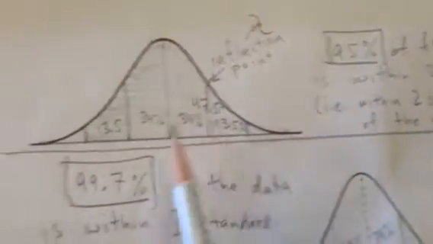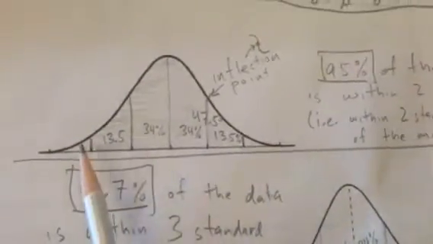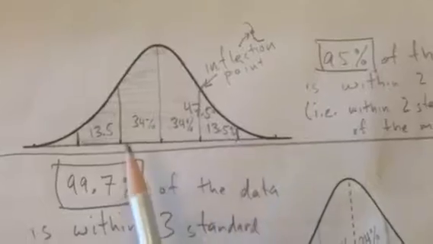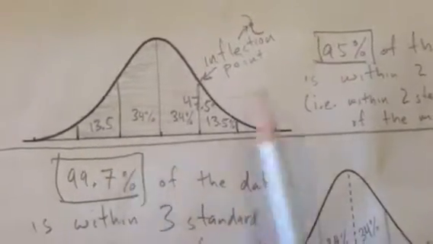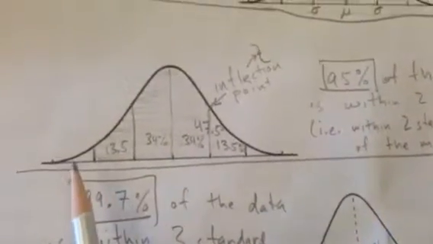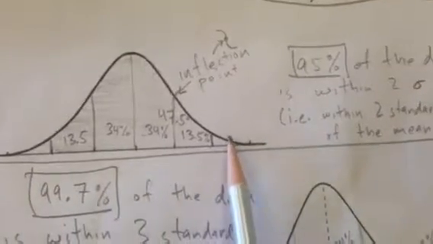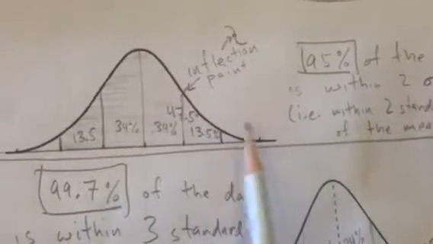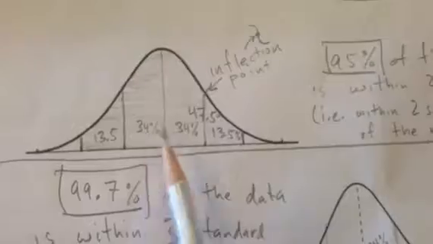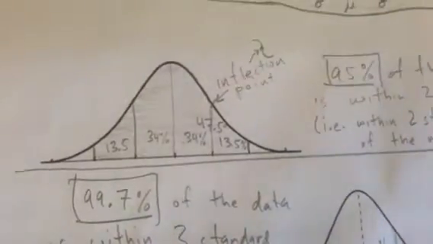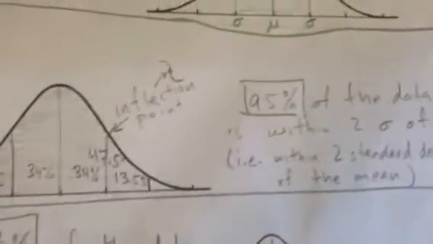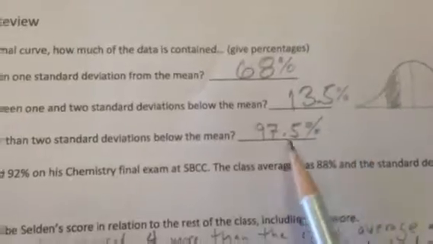So there's only 5% of the data outside of that. But only half of that 5% is below. The other half is above. So all of this is 97.5%. 5% divided in 2 is 2.5. So 95 plus 2.5 is 97.5%.